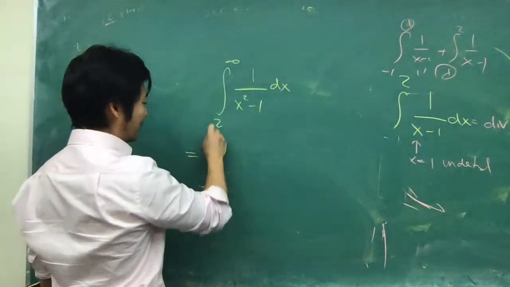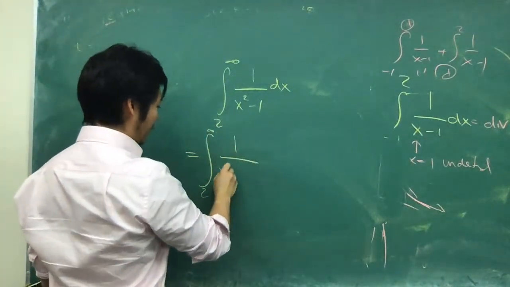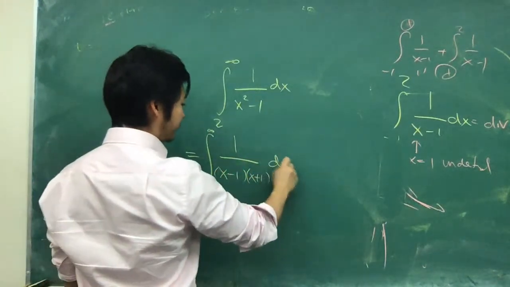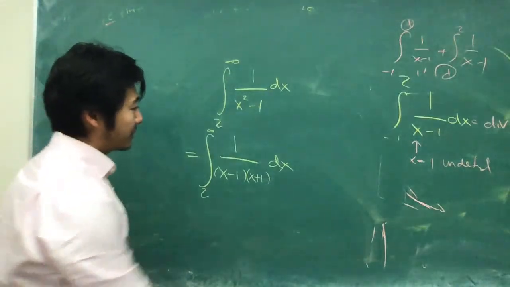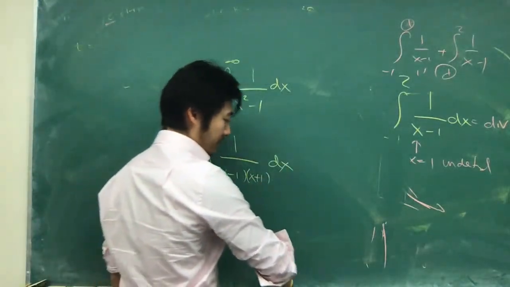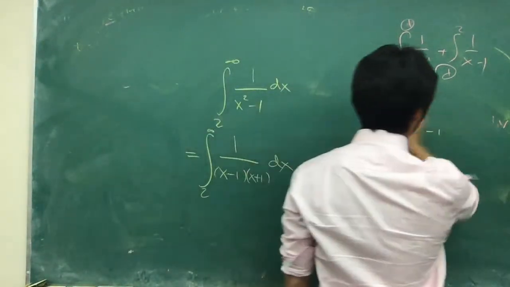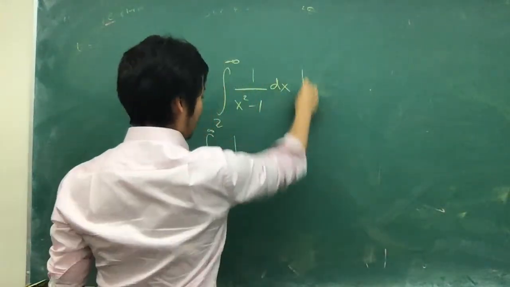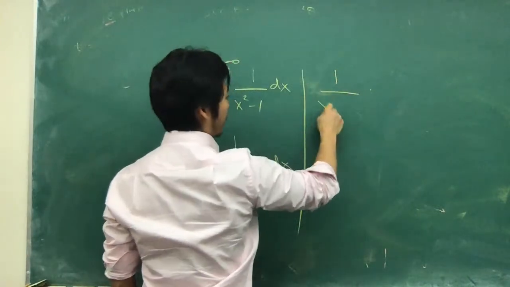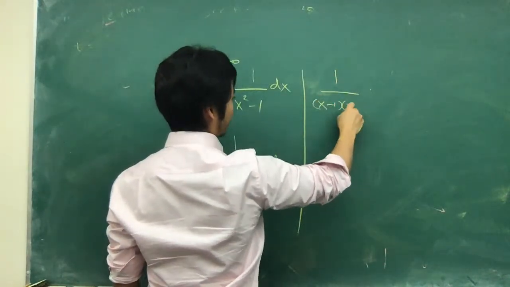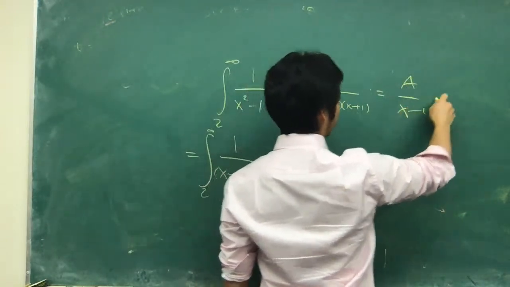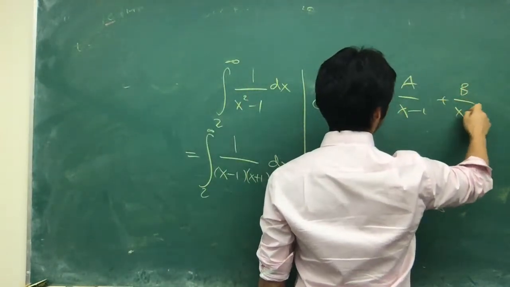So this is x minus 1 and x plus 1. So partial fractions. One over x minus 1, x plus 1 is equal to a over x minus 1 plus b over x plus 1.